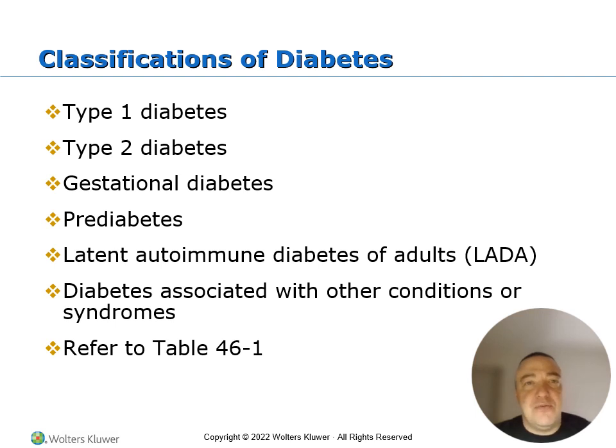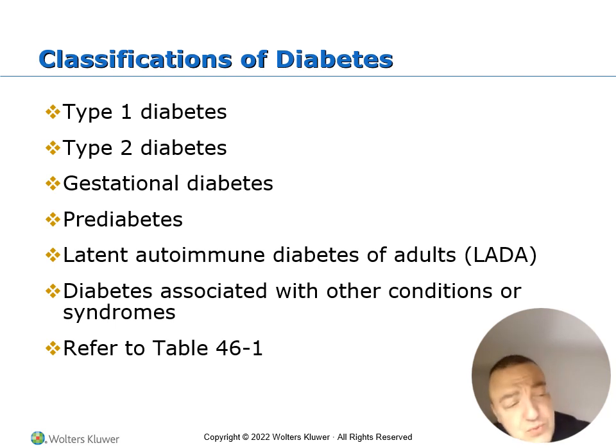So you didn't succumb to diabetes until your mid 20s, late 30s, sometimes early 40s. This person is probably going to be treated as a type 2 diabetic until they realize that they can't be handled with oral medications, diet, and exercise, and then they start reevaluating and determine that they are a late onset type 1 diabetic. It's also associated with those syndromes and things that I mentioned earlier.